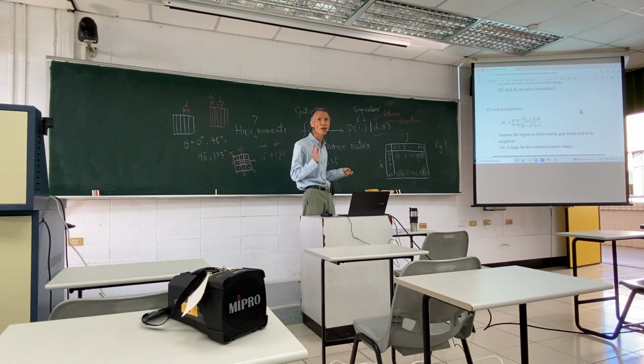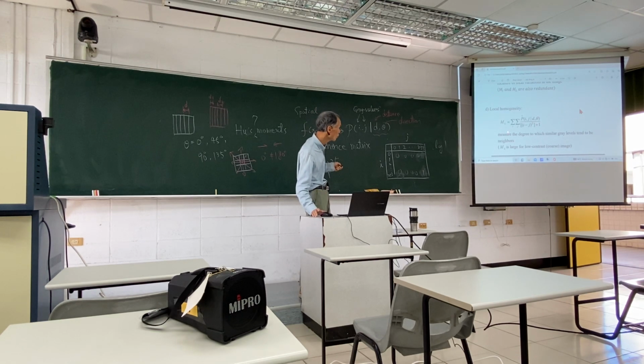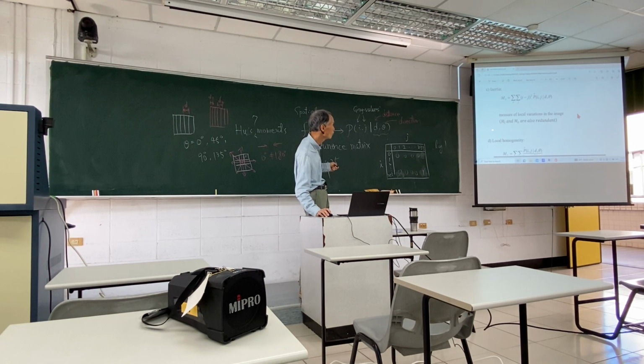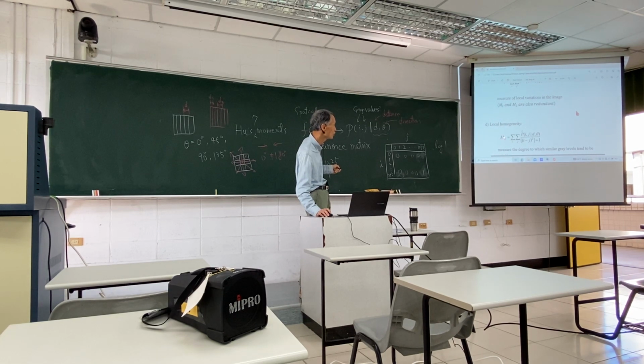But again, if you want to emphasize the large value, or you try to measure the local inhomogeneity, then you look for inertia. You want to look for the local homogeneity, then you use D. Okay? That's it.